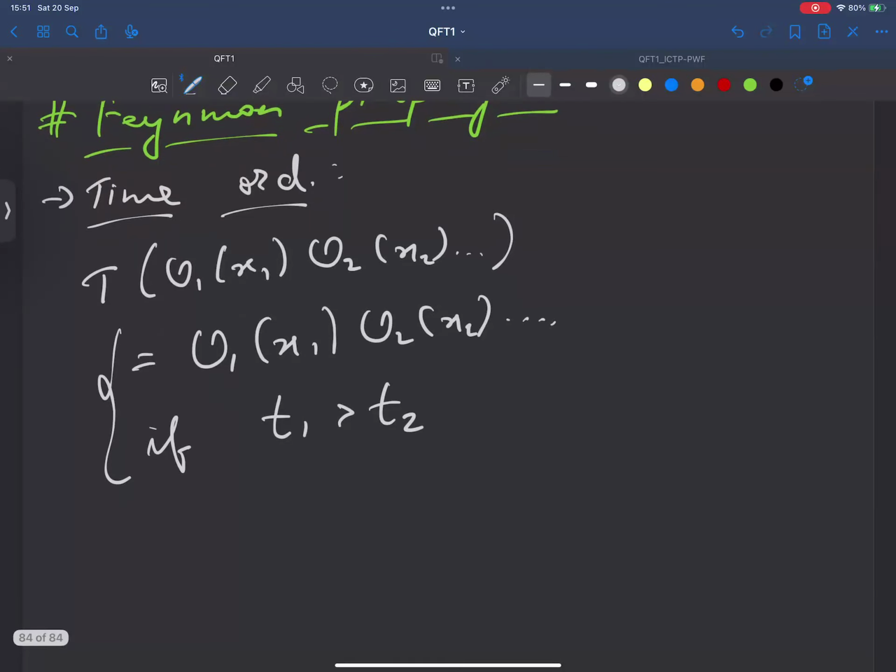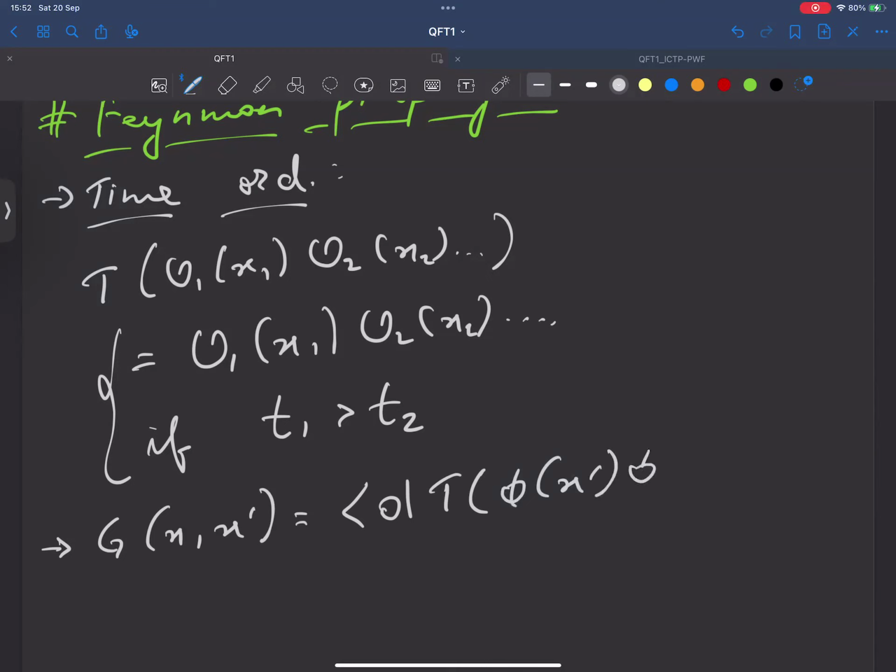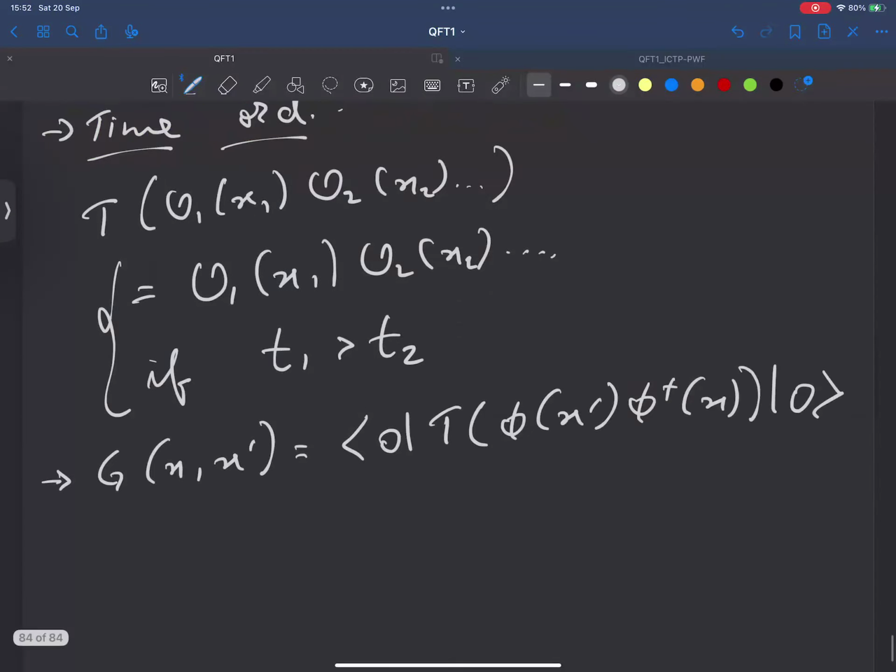Now with that, we will be interested to compute a propagator G(x prime, x), which will be the time ordering of phi(x prime) and phi dagger(x), the vacuum expectation value of this quantity.